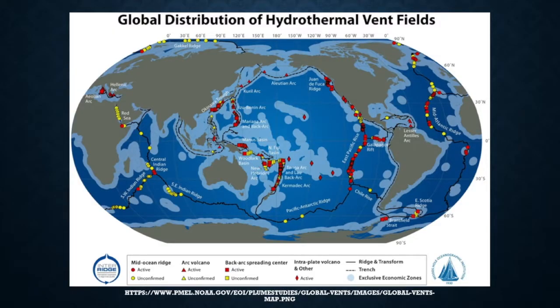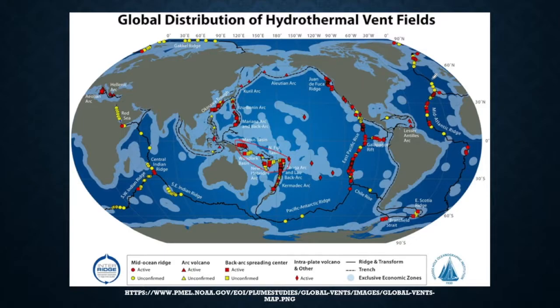In this figure you have a world map, and as you can see, all of the red dots, all of these are different types of vents. In the red we have active zones, and in the yellow we have unconfirmed zones, and the different shapes indicate different places.